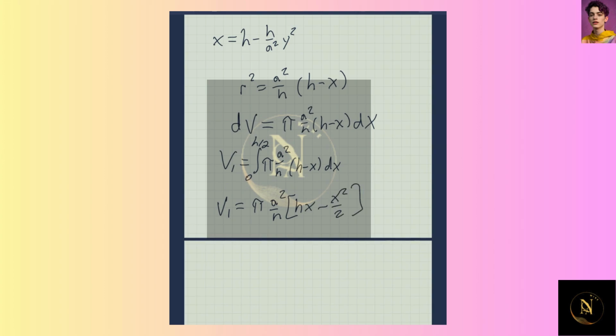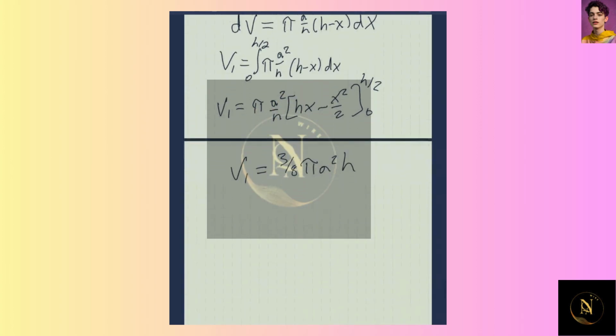In solving this integral, we get pi a squared over h times x minus x squared over 2 from 0 to h over 2. This simplifies further to 3/8 pi a squared times the height.